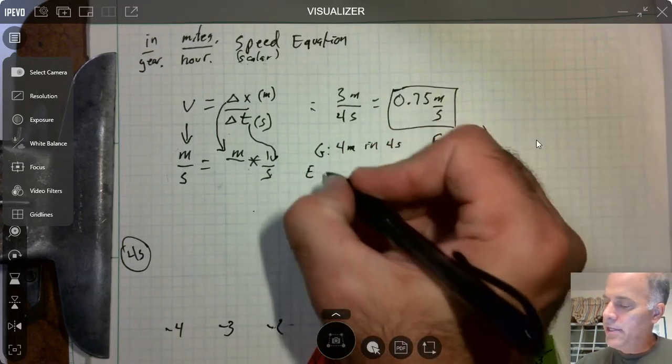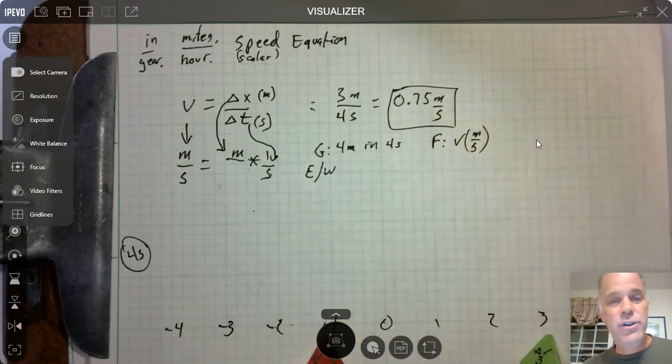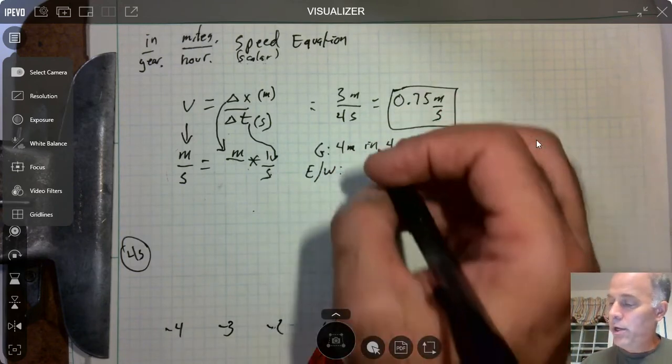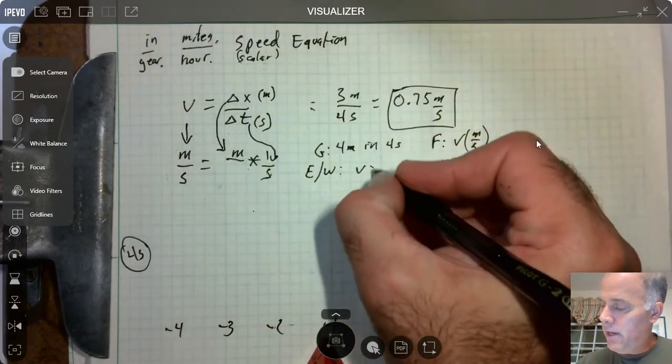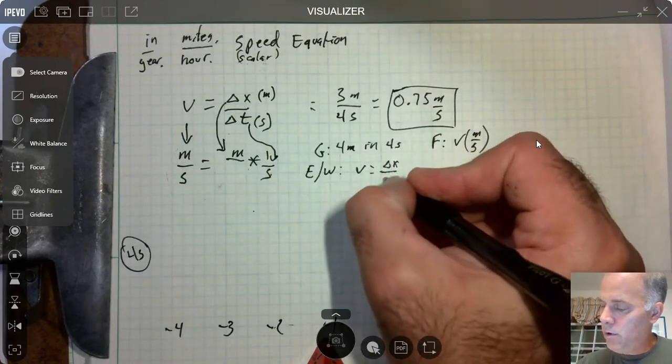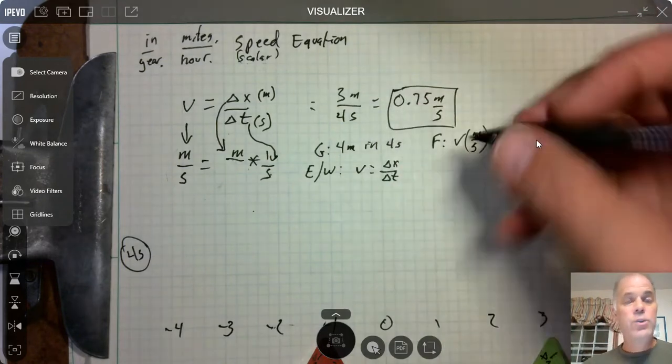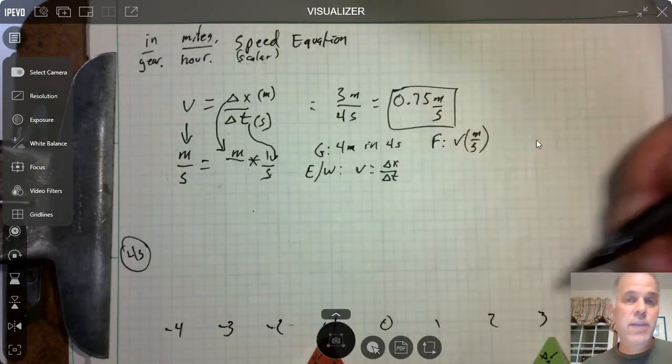Now, the E and the W, very often we kind of do them together because one blends into the next. So the equation that we're using is this one. V equals delta X over delta T. That's the equation. And then the work is where we plug our given values into that equation.